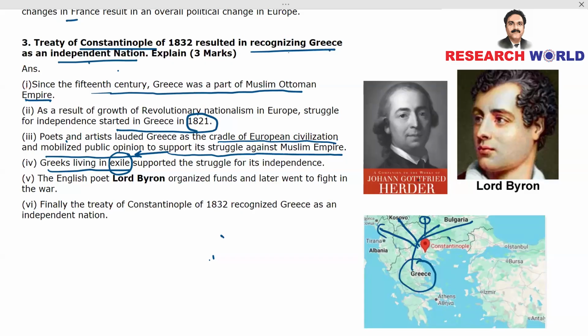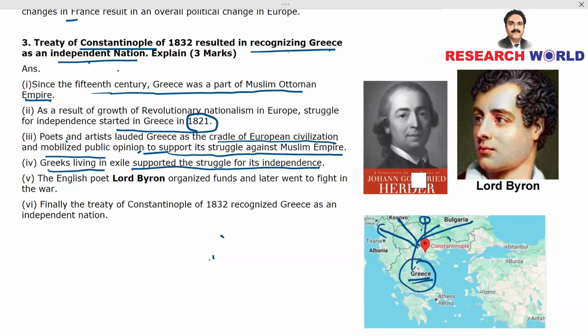They live in other countries, yet they fund, send money, and give support for the revolutionaries who are fighting for the independence or freedom of Greece. Okay, so Greeks living in exile supported the struggle for its independence.